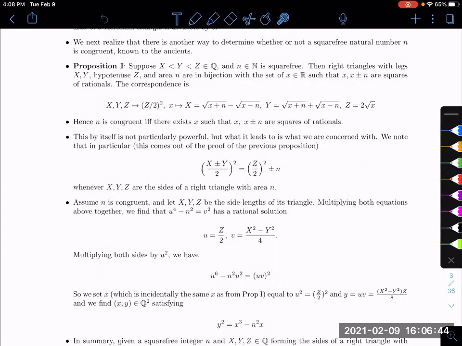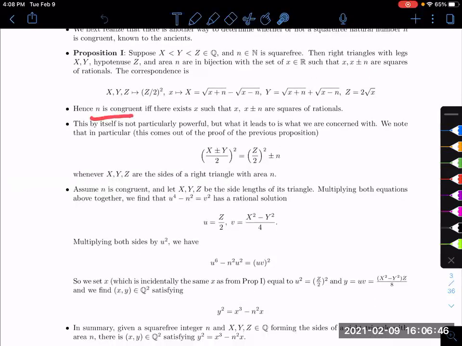In the language of congruent numbers, n is congruent if and only if there exists a real number x such that x and x plus or minus n are squares of rationals. While I didn't prove this, here's the correspondence right here. You can just check that this works. It's not very hard to check.